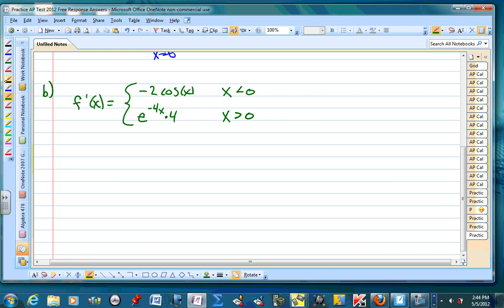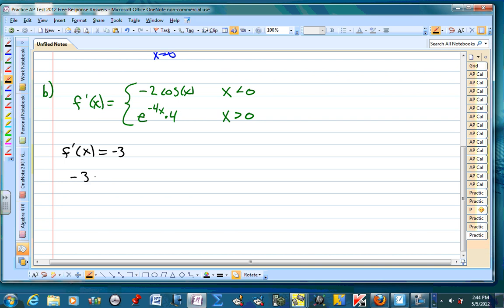This function will not be defined when x equals 0. Now, we're supposed to go and find x when f prime of x equals negative 3, I'm sorry. All right, well, let's see here. We're looking for a y value. I think there's 2 ways we can go about this. One way is to go like this.